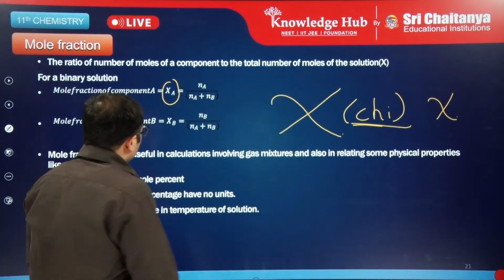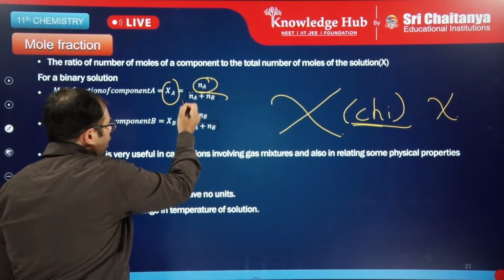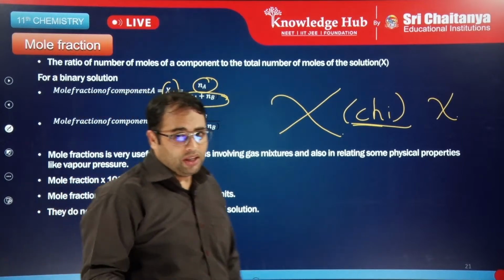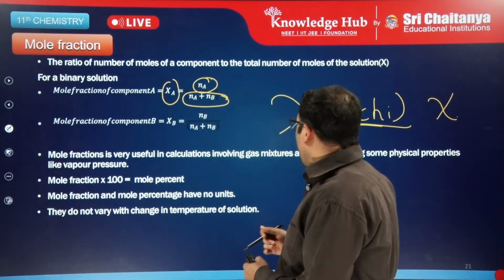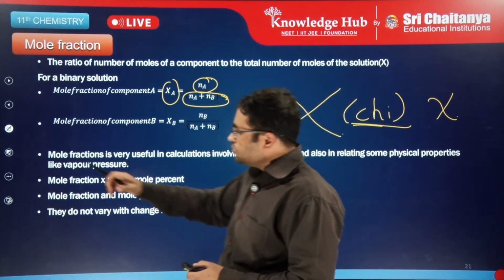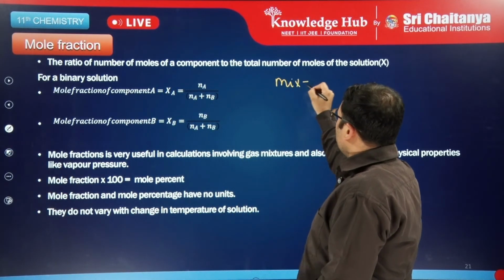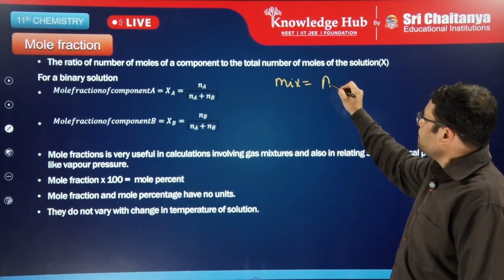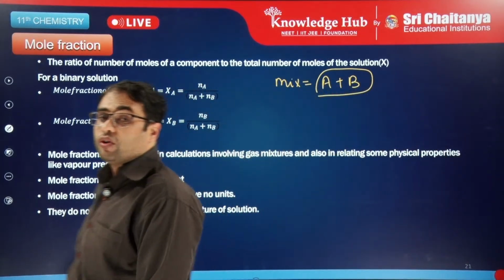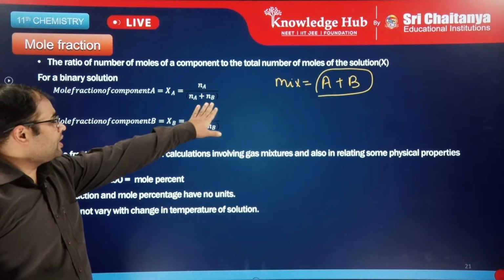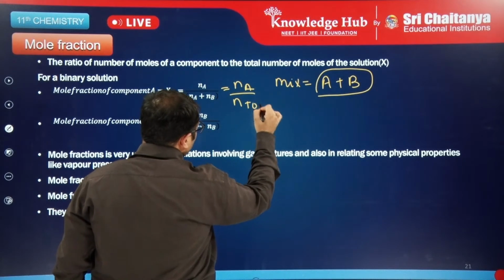If I have to find the mole fraction of A, I divide the moles of A by total moles, meaning moles of A and B. And yes, I'm talking about a mixture of A and B. So if you have a mixture where you have A plus B, then in that mixture, mole fraction of A is number of moles of A divided by Na plus Nb, which is nothing but N total.